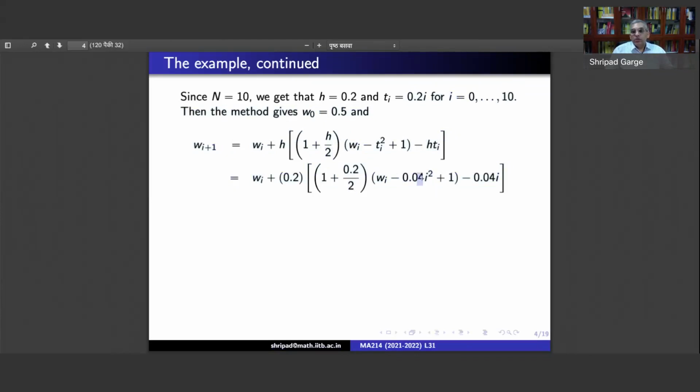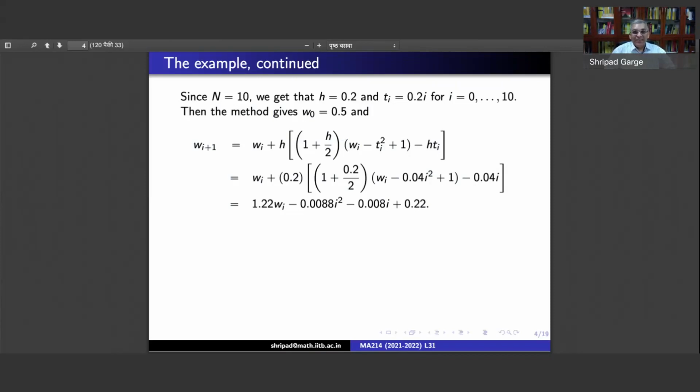So 0.2 square is 0.04, and you have I square, and here you have h into Ti. H is already 0.2 and Ti is 0.2 I. So you will get a 0.2 square here also, but I will be as it is. And further simplification will give you this quantity: 1.22 Wi minus 0.0088 I square minus 0.008 I plus 0.22.